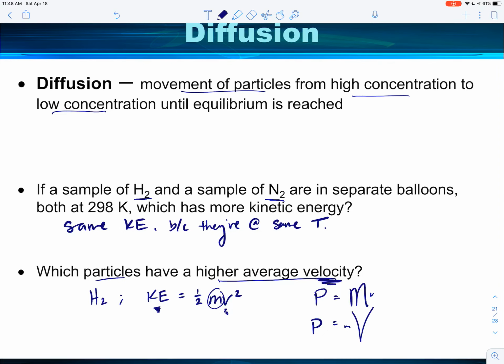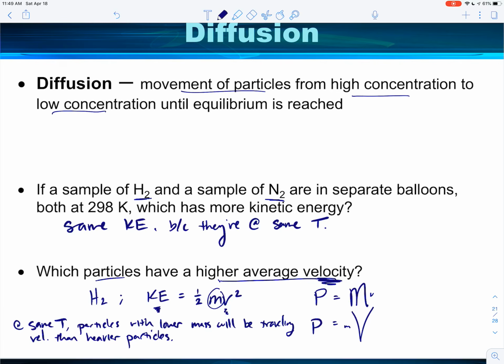So if we were to summarize that, we would say at the same temp, particles with lower mass, and we can think of that as molar mass on the periodic table, will be traveling at a higher velocity than heavier particles. At the same temperature. That's when we can make that conclusion, because then they have the same kinetic energy.